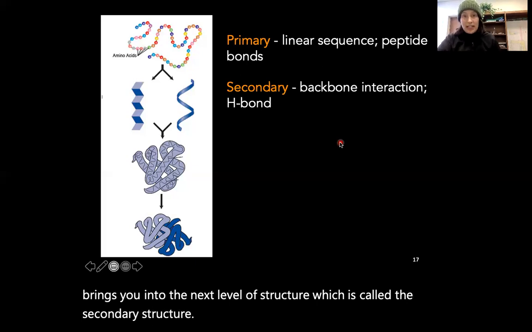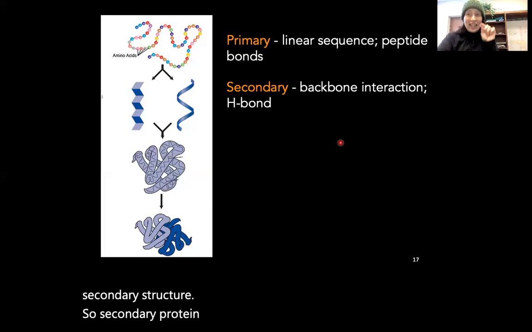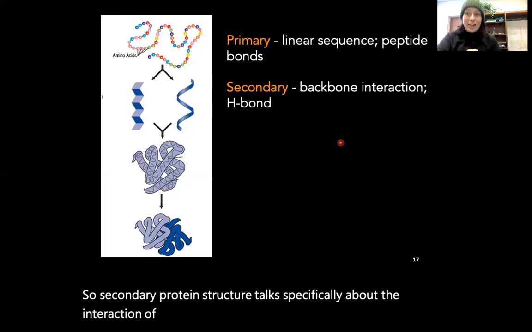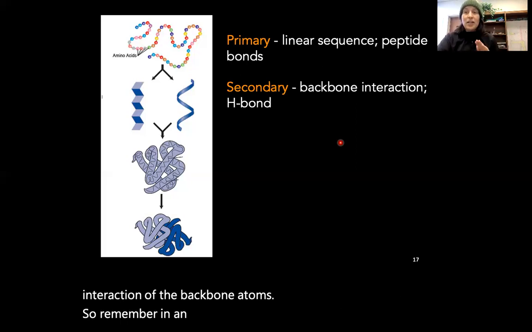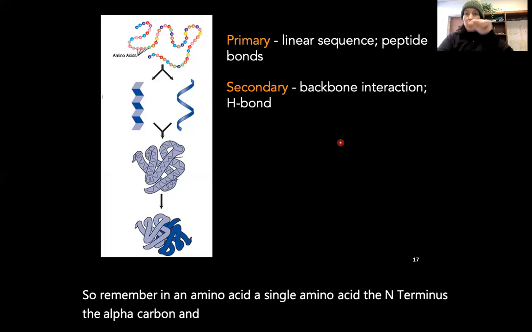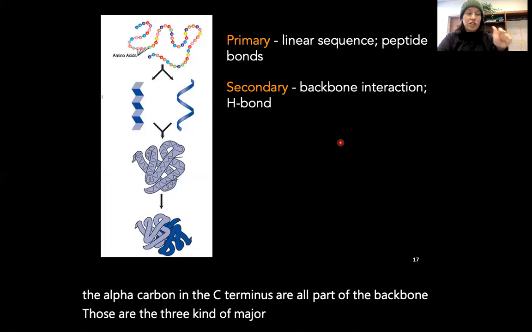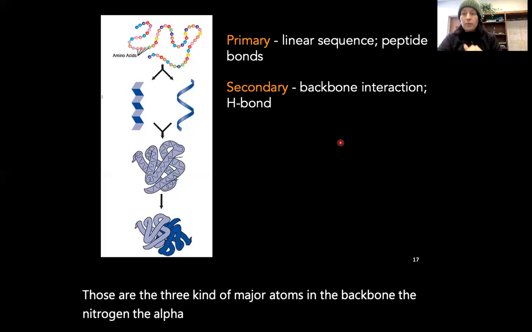So secondary protein structure talks specifically about the interaction of the backbone atoms. So remember, in a single amino acid, the N terminus, the alpha carbon, and the C terminus are all part of the backbone. Those are the 3 major atoms in the backbone: the nitrogen, the alpha carbon, and the carbonyl carbon.